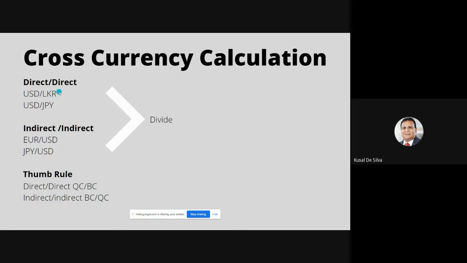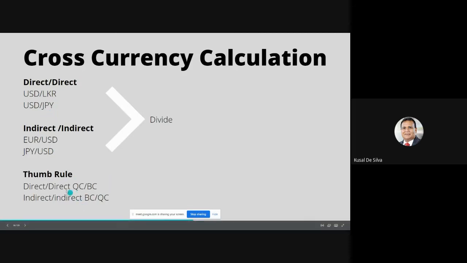If I ask you for LKR JPY, then LKR will be the base currency, so you have to divide the JPY by the LKR. If I give you the JPY against LKR, then LKR will be the base currency, and you apply accordingly. For indirect, you always divide the base currency by the quoted currency.